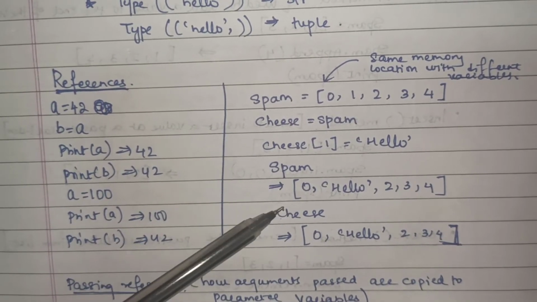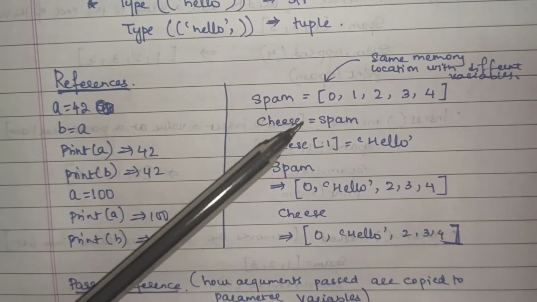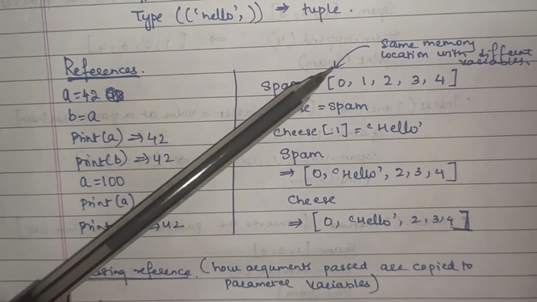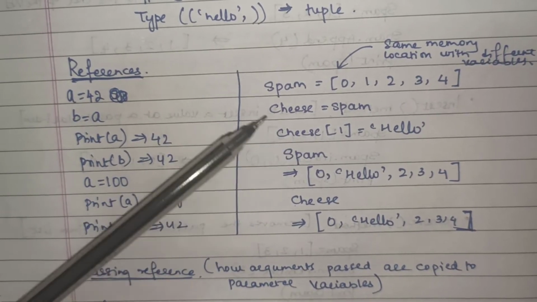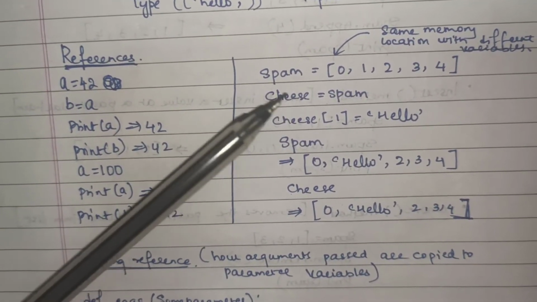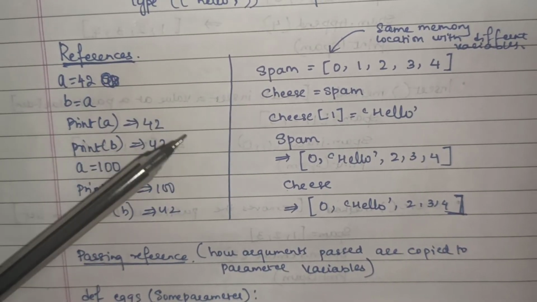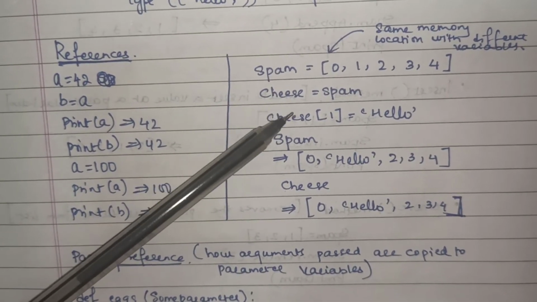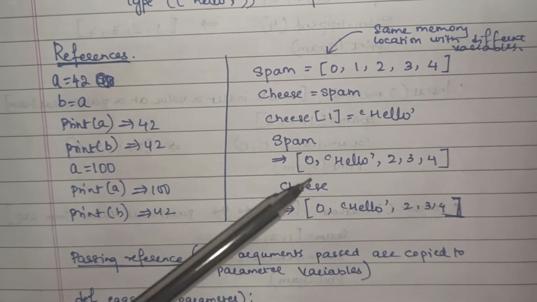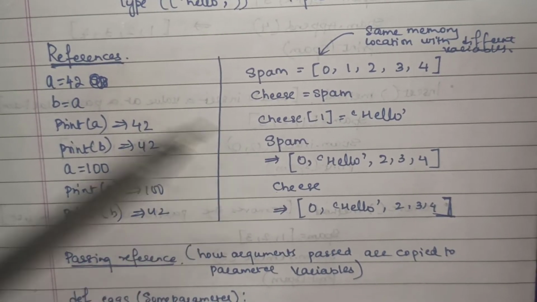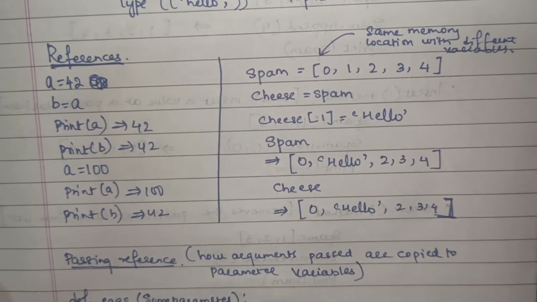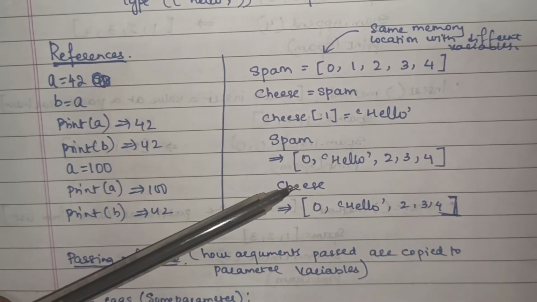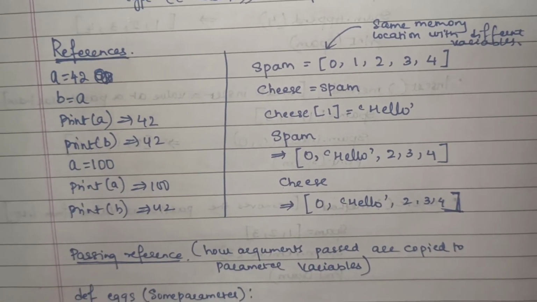Since spam stores the list and cheese has the same list, both variables are actually pointing towards the same list with different variable names. So when you alter cheese of 1, both variables will have the change applied. So hello will be changed in spam and also in cheese. So that is about references.